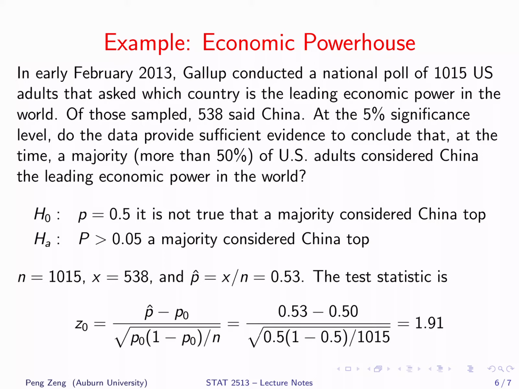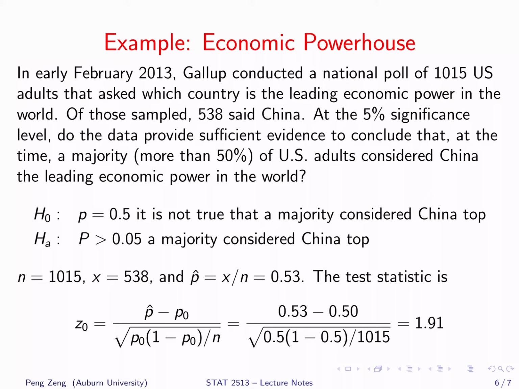In this problem, we are interested in the proportion of US adults who consider China the leading economic power in the world. We need to compare this population proportion with a given number, 0.5. The null hypothesis is p equals 0.5, which means that it is not true that a majority considered China top.